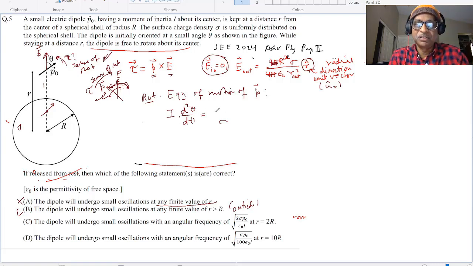But we are expecting small oscillation. We can bet it's going to turn out to be minus the magnitude of P cross E, which is PE sine theta.